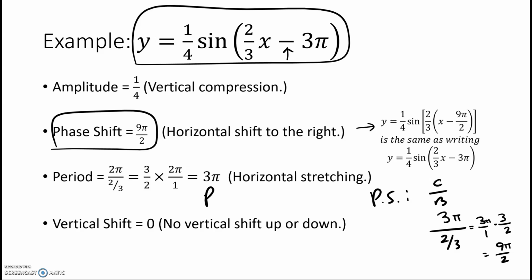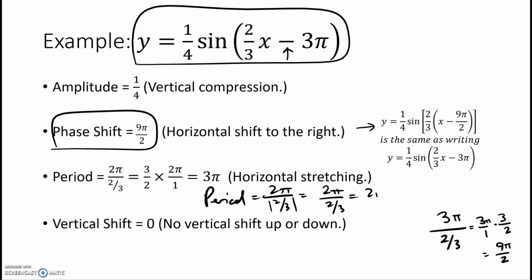Okay, period. So that is 2 pi over the absolute value of 2/3, which we don't really need the absolute value because it's already positive. So this is going to be 2 pi over 2/3.